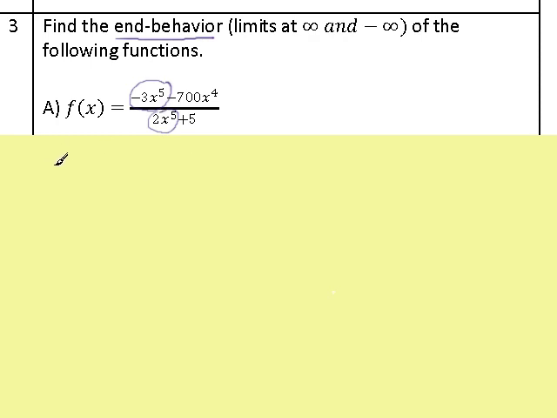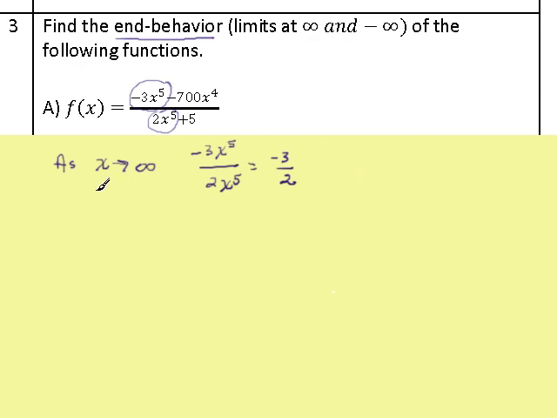Okay, so as x goes to infinity, we'll just write it like this: minus 3x to the 5th divided by 2x to the 5th. And we ignore the terms of lower degree. Just ignore those. This reduces to minus 3/2, which is the limit as x goes to infinity.